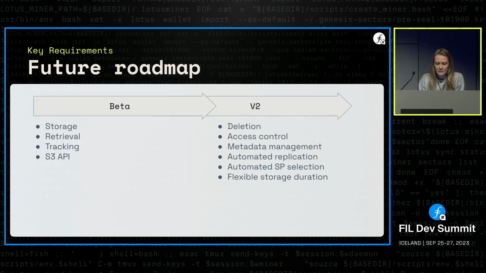In terms of what's in the future, for now it's a pretty bare-bones standard API that just has storage, retrieval, tracking, and reference S3 API integration. What's still missing and on the roadmap is data deletion, some of the access control configurations, and metadata management, for example folder structures, automated replication or automated SP selection, and flexible storage duration.